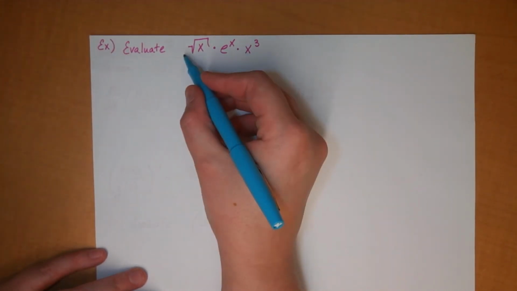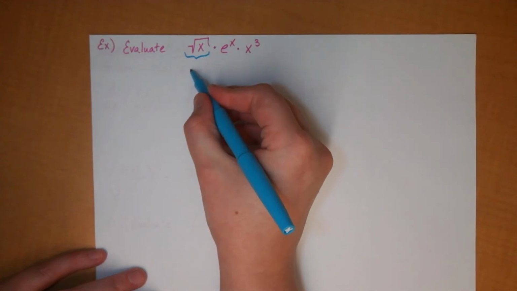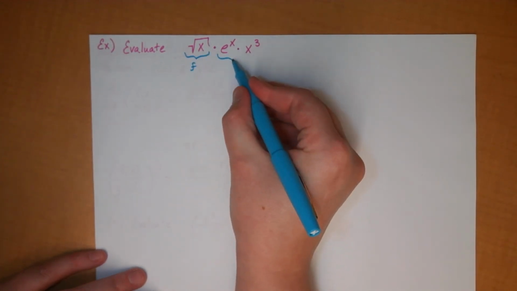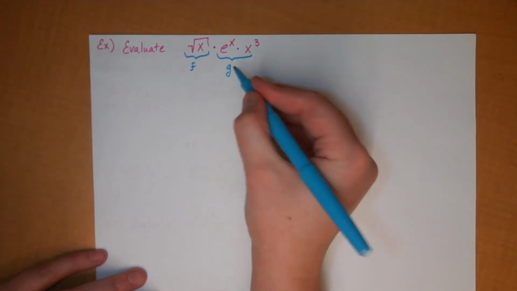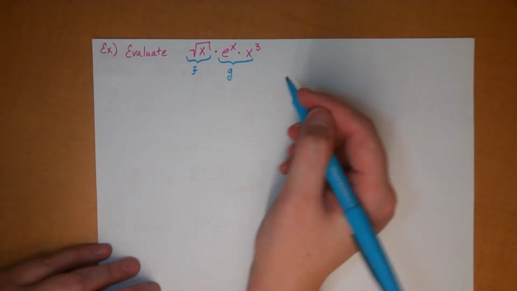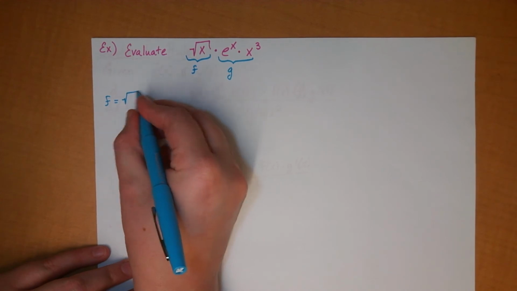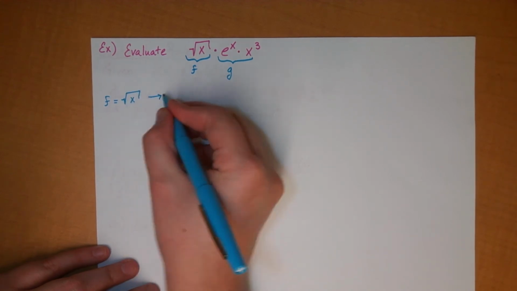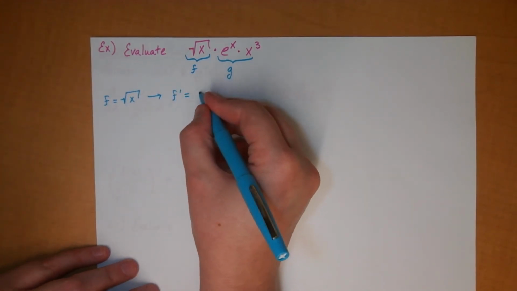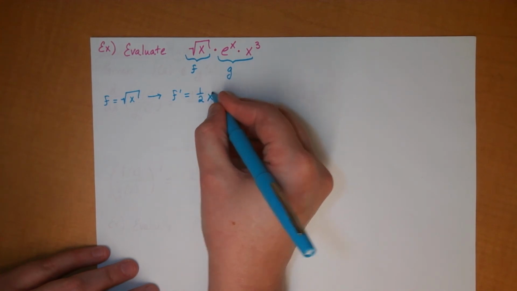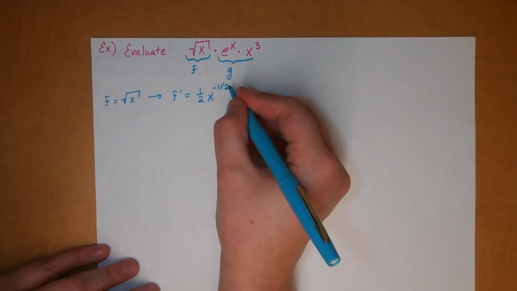So I'm going to call this term f, and this term g. To use the product rule, I know that f equals the square root of x, and f prime equals 1/2 x to the negative 1/2.